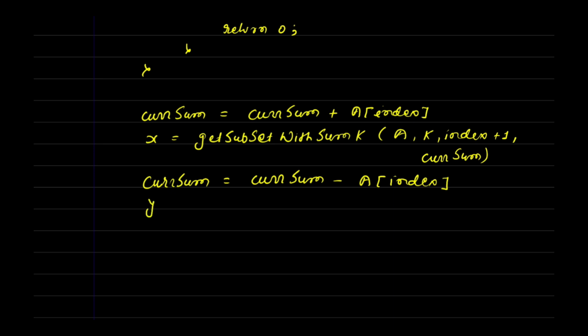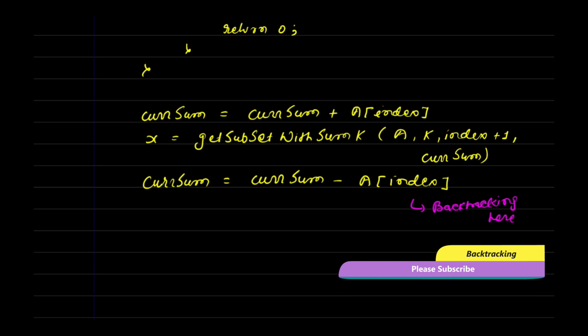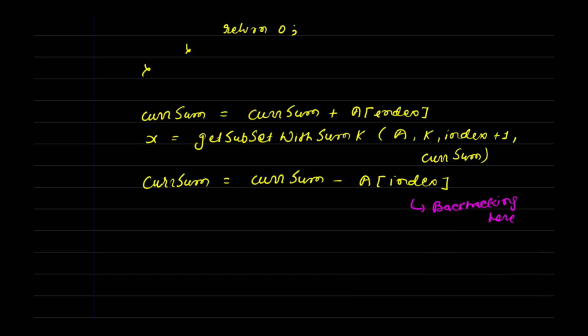Now after doing backtrack, we will again call getSubsetWithSumK and pass index while increasing by 1, and we'll store it in y.